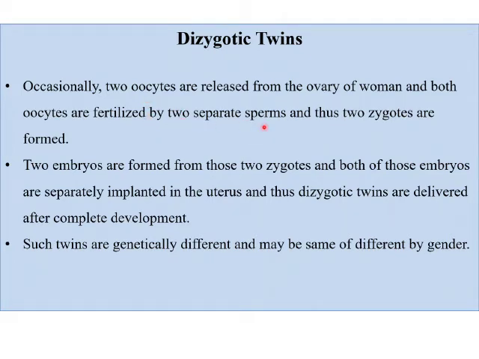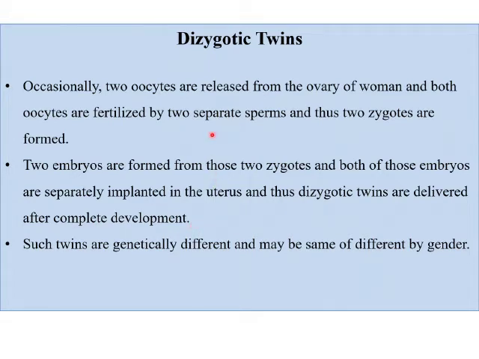Two separate sperms fertilize those two oocytes, and this results in the formation of two zygotes because both eggs are fertilized separately. Two embryos are formed from those two zygotes, and both embryos are separately implanted in the uterus, and thus dizygotic twins are delivered after complete development.